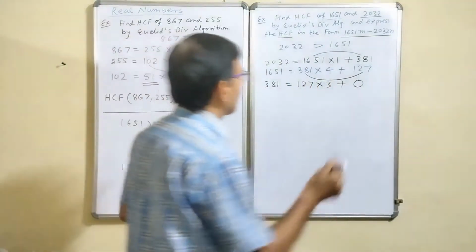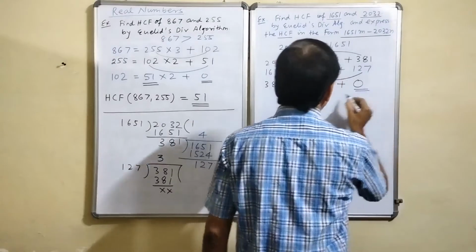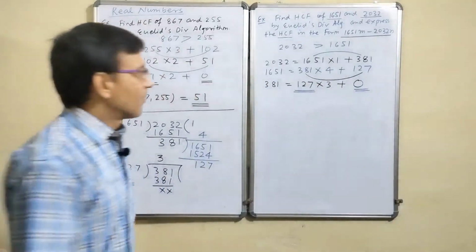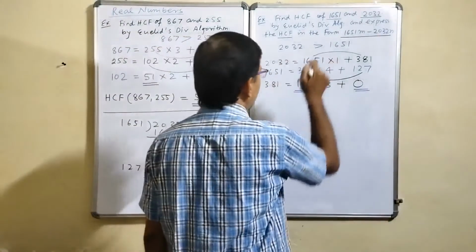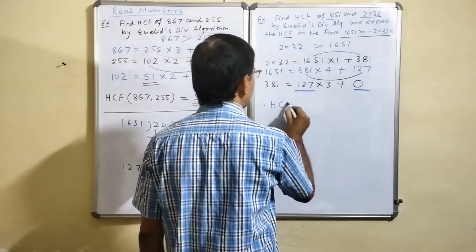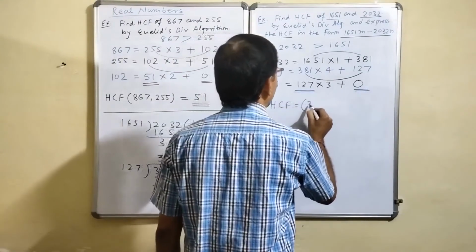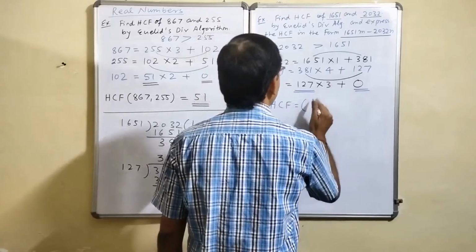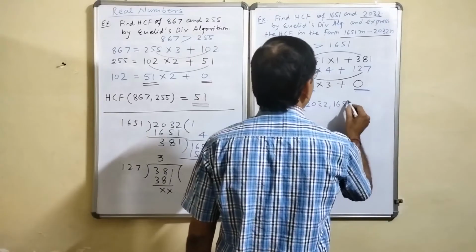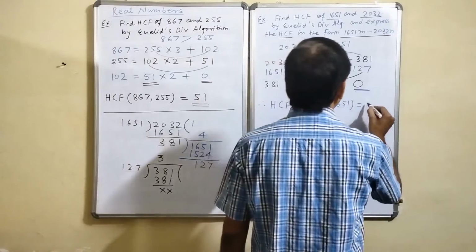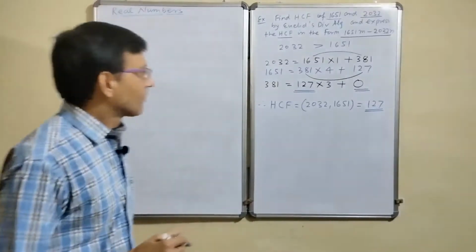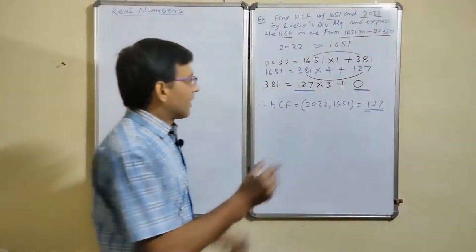Since remainder at this stage is 0, the divisor at this stage, that is 127, becomes the required HCF of these two numbers. So therefore HCF of 2032 and 1651 is equal to 127. This is the required HCF.